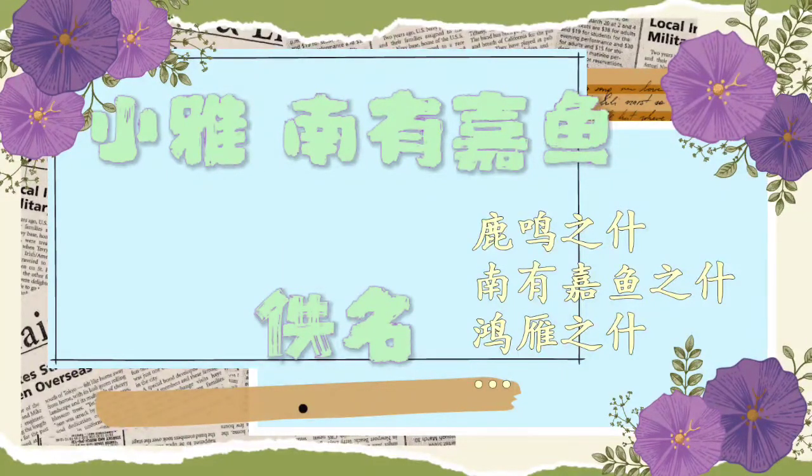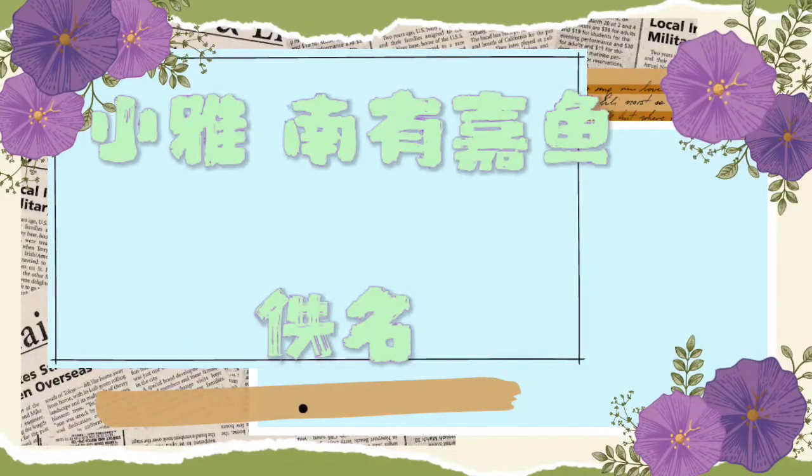So basically that means the sub-chapter of 10 poems of 南有嘉鱼. So it's hard to tell how they gave the name, but basically why they have these sub-chapters is because of how the book was made.